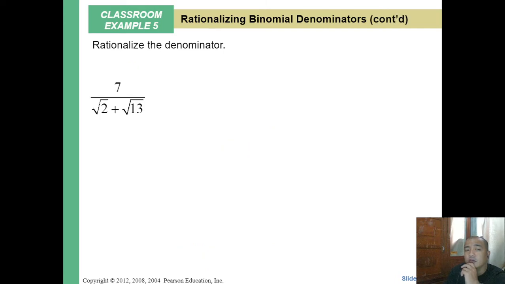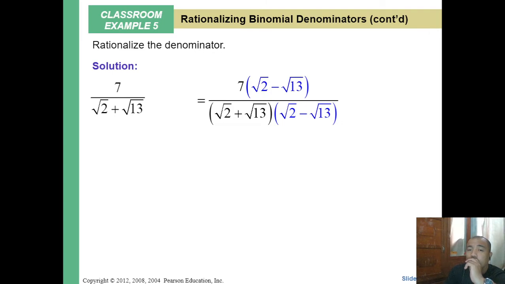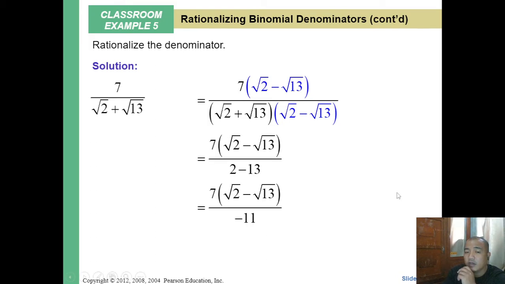Next, what's the conjugate to be multiplied to rationalize the denominator? Square root of 2 minus square root of 13. So that the denominator will become 2 minus 13, which is negative 11. Then you multiply the numerator.